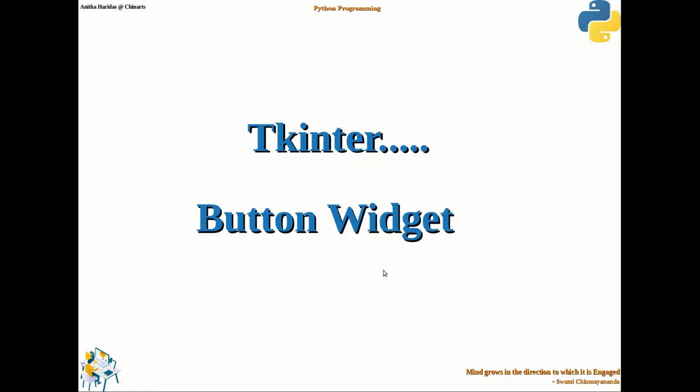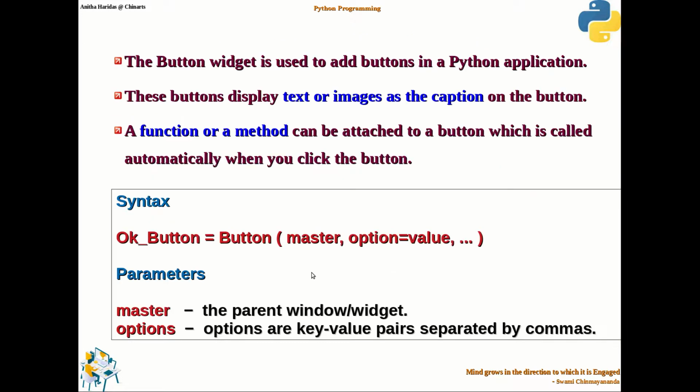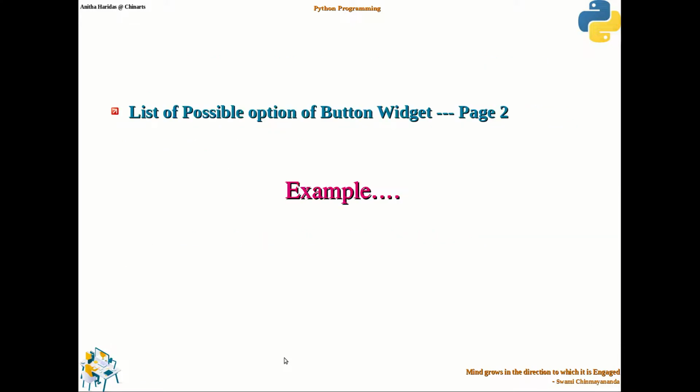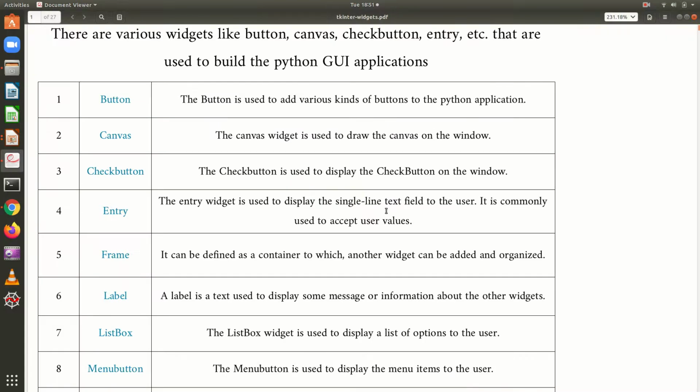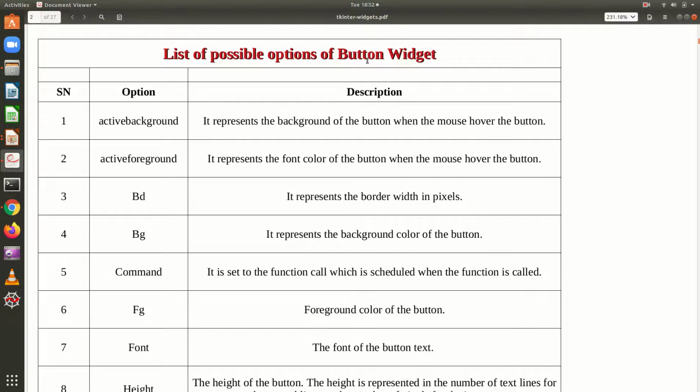Then we started with the button widget. We had seen what the purpose of the button widget is, and what syntax is used for creating a button widget. Then we had also discussed the possible options that are available for the button widget.